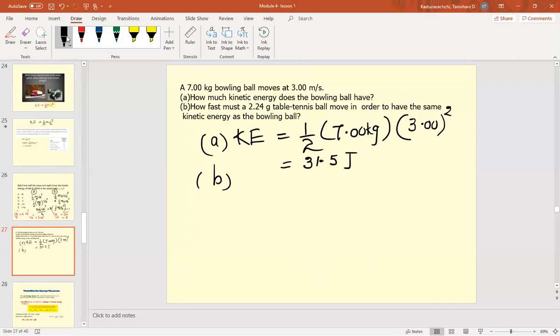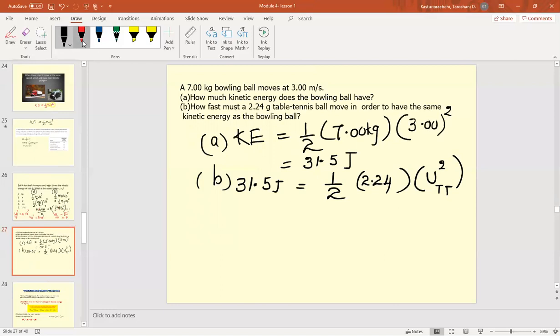Alright, now we want the same kinetic energy as the bowling ball. The bowling ball had 35 joules. Now we have m, and we need to look at the v of the table tennis ball. But can I just put 2.24? Can I do that? No. Why?